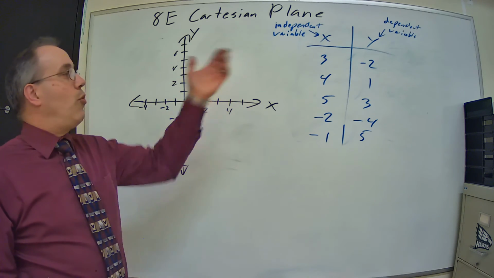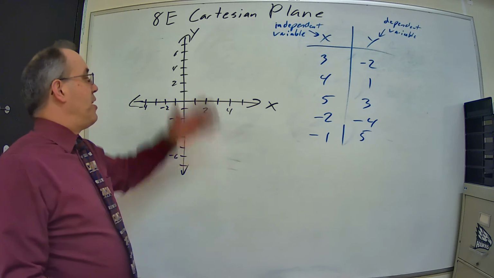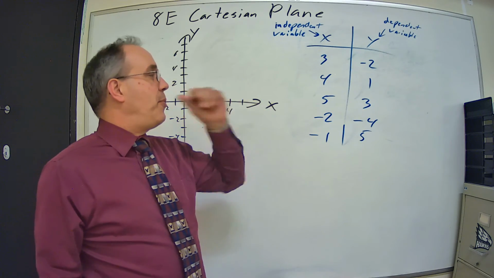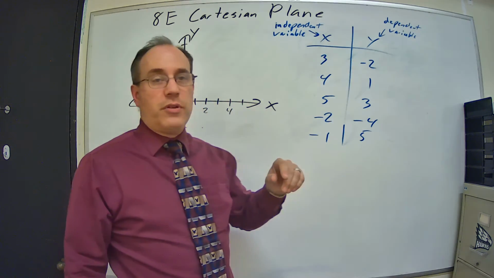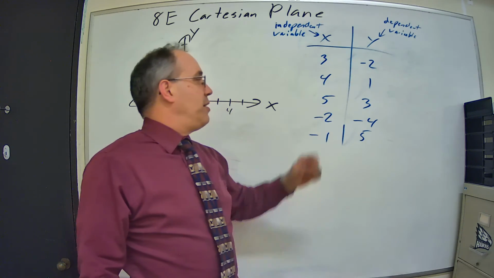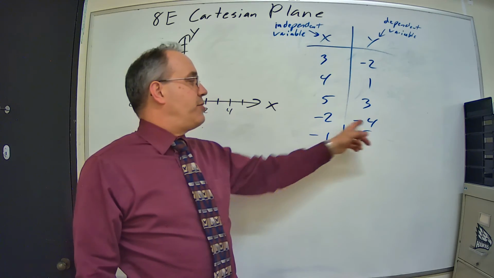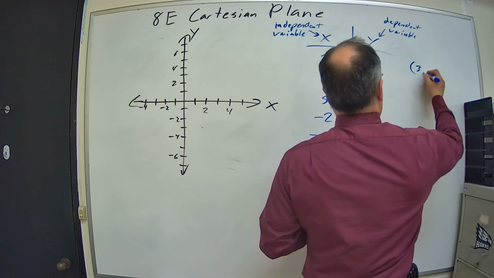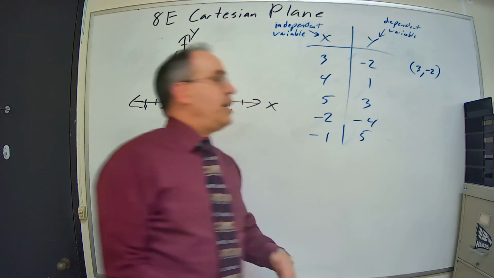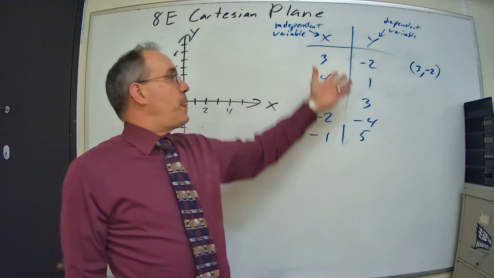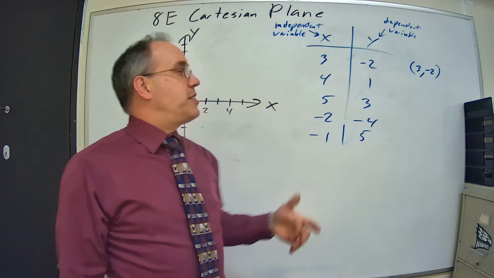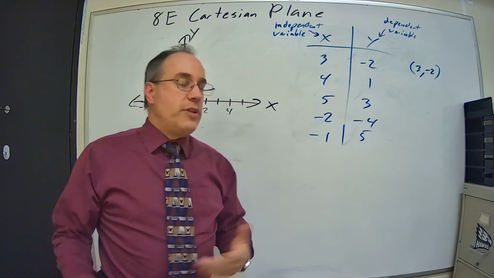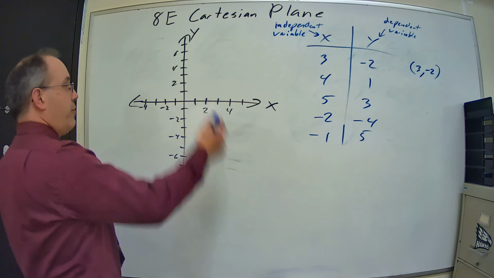Now we have some points that we can plot here, and realize this is no different than me giving you the points 3, -2, 4, 1, 5, 3, -2, -4, -1, 5. So it's really just an ordered pair, 3, -2. There's no difference, it's just instead of writing them as ordered pairs, we just put them in a table. So now if we want to plot these, we just go through and plot them.